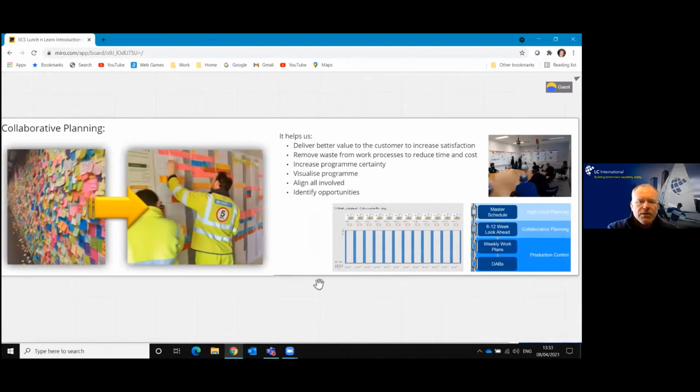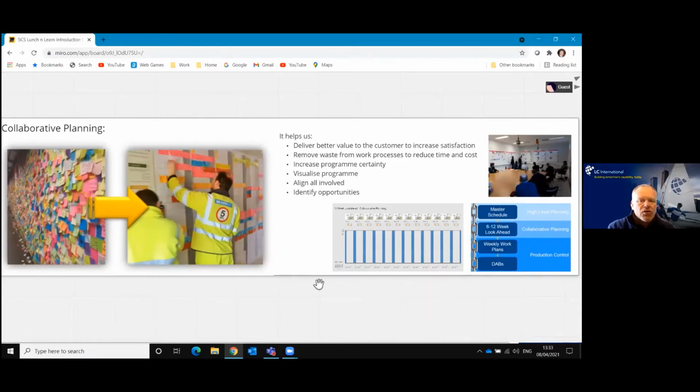Our opportunity with collaborative planning is all about ensuring that the timelines we agreed to are actually kept. Now, collaborative planning works from that overriding master schedule. However, that master schedule might not be in the right order.